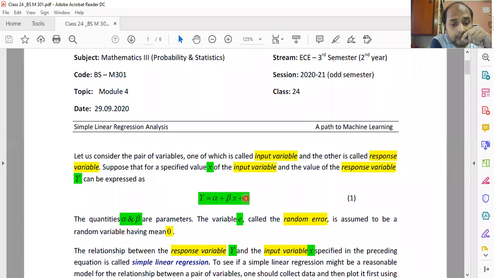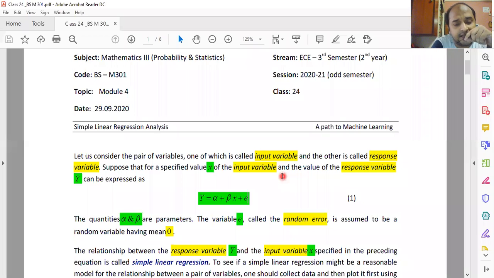Why? Because the power of both the variables, that is the power of capital Y and the power of small x, both are 1. And therefore, this equation is a linear equation, and a linear equation symbolizes a straight line. Okay. What about this term, e? e is an extra term which is called the random error.